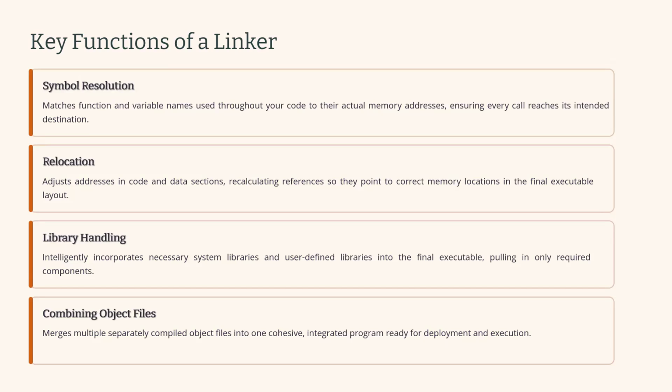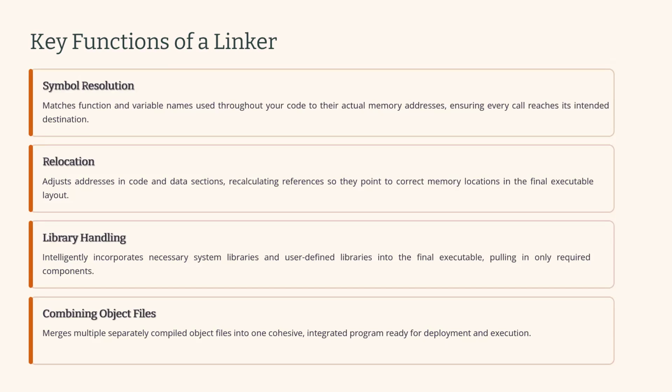So to conclude our discussion, without linking, even the most perfectly compiled code cannot run. Our program remains a collection of disconnected object files filled with unresolved references. The linker is the one that transforms these separate parts into one coherent working system.